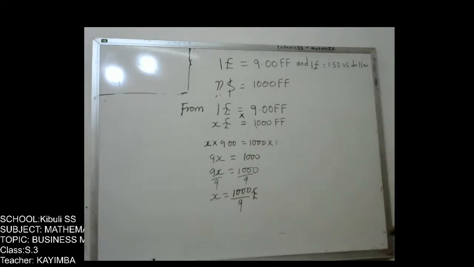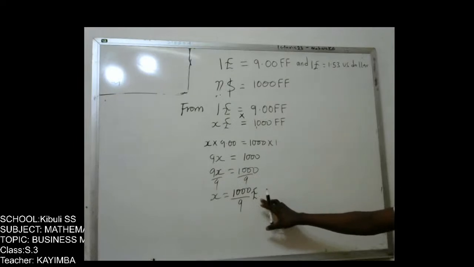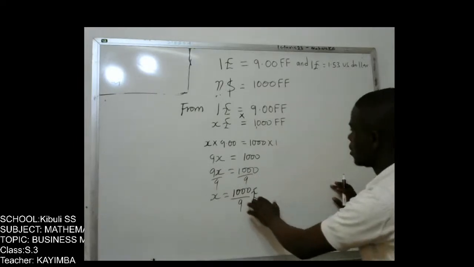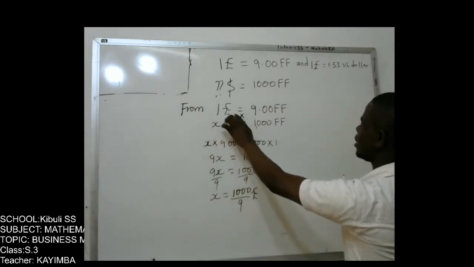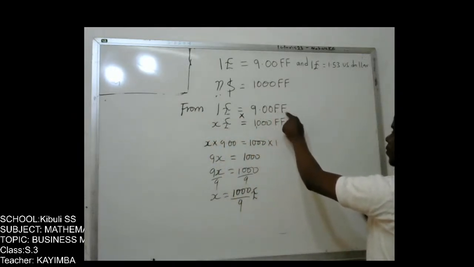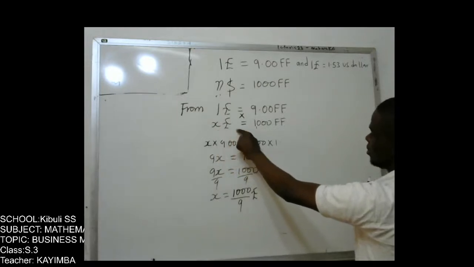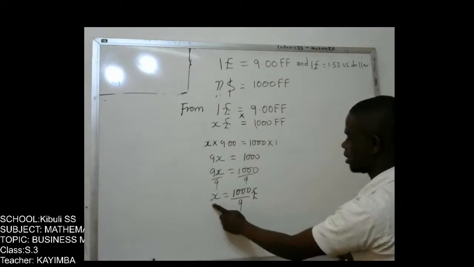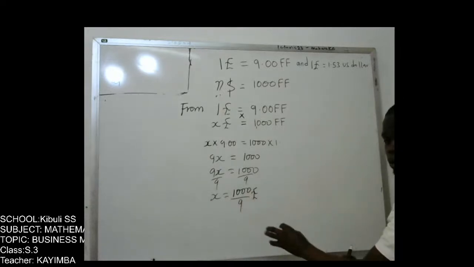But remember, we are supposed to change to what? To dollars. These are the pound sterlings. So we have changed from 1 pound sterling is equal to 9.00 French francs. X pound sterlings is equal to these French francs. So you calculate here and you get X is equal to 1000 over 9. The reason why we are leaving it as a fraction is because we are still calculating.